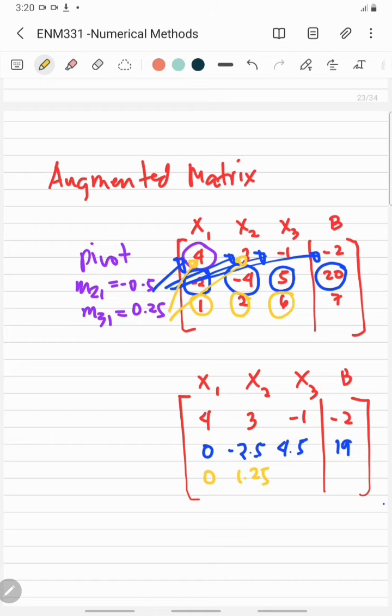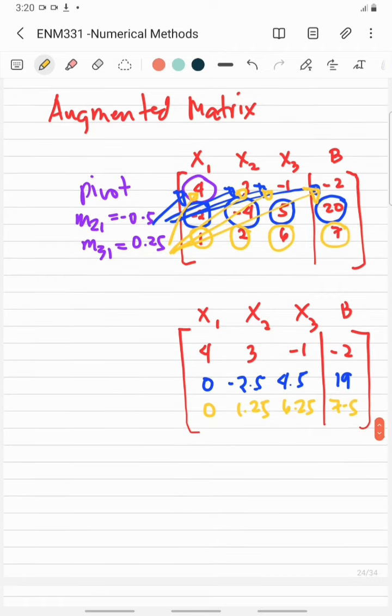Then we have 6 minus 0.25 times negative 1. So that is 6.25. Then 7 minus 0.25 times negative 2. So you have 7.5. Okay, so we now have a new augmented matrix of our equations.